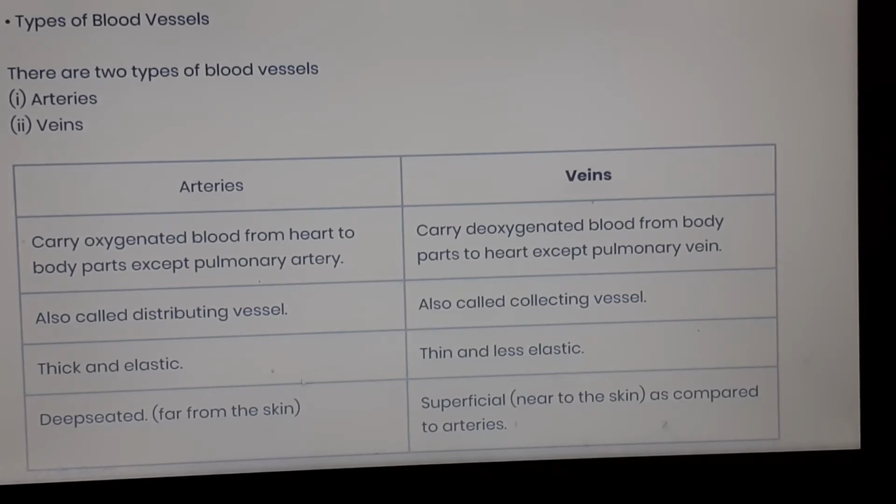Next one, this is thick and elastic. This is thin and less elastic. This one is deep seated, that is far from our skin, whereas this one is superficial as compared to the arteries. These are the differences between arteries and veins.